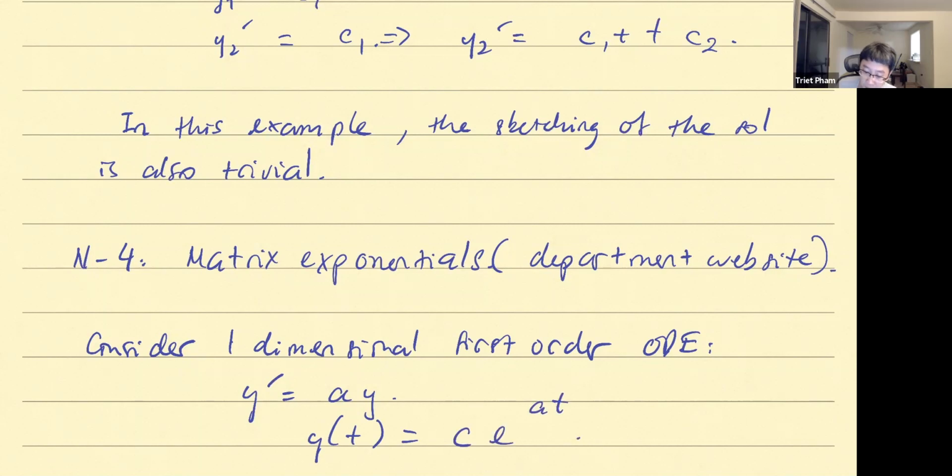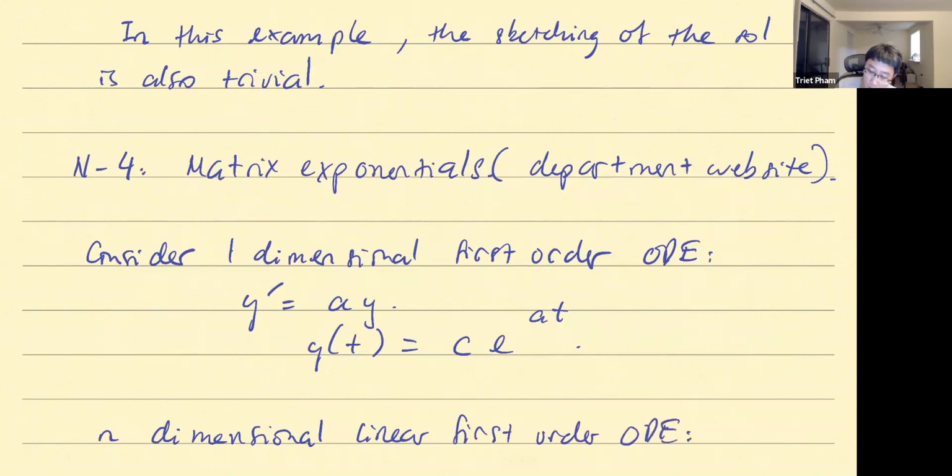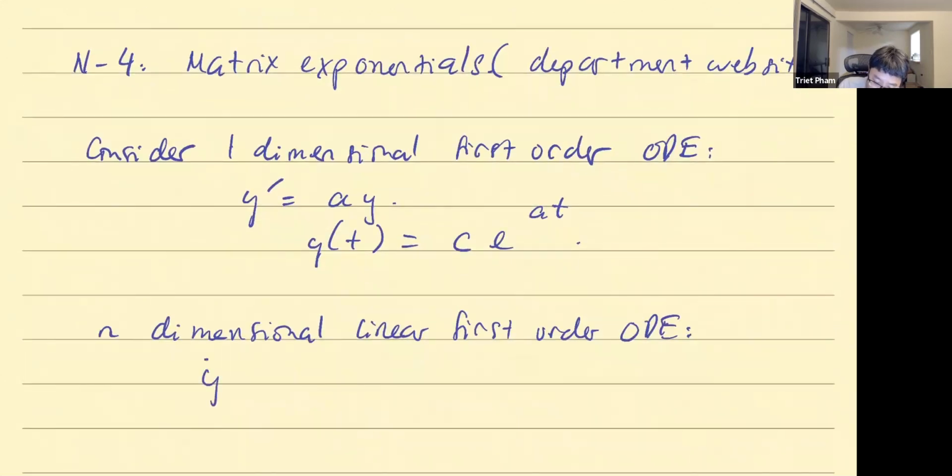All right. So now suppose that we have an n-dimensional linear first order ODE where you have y prime equals Ay.